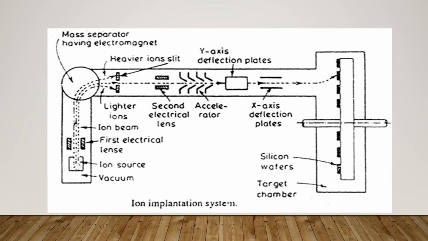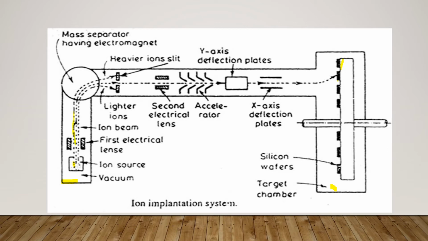Now this is the internal structure of your ion implantation system. Here is the target chamber, where the small silicon wafers are placed. From here you can see you have created a vacuum on this side. Here is the ion source which emits ions, and then here is a lens which directs the ions forward.